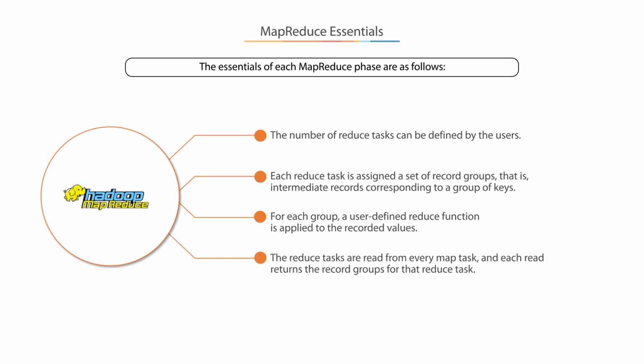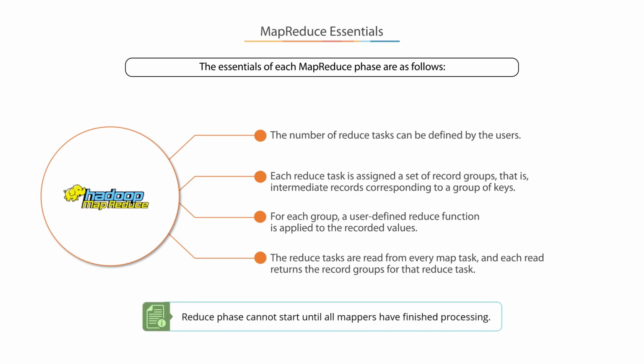And fourth, the reduce tasks read from every map task, and each read returns the record groups for that reduce task. The reduce phase cannot start until all mappers have finished processing. So, combining your output is an important step once all the tasks are completed.